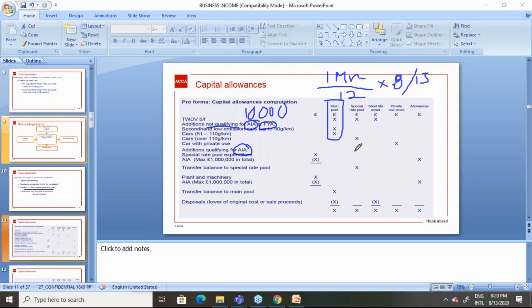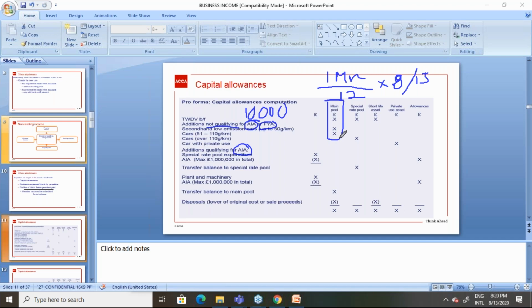So how do you identify whether it should be included in the main pool or special rate pool? Any plant and machinery that is not included in the special rate pool must be included in the main pool.